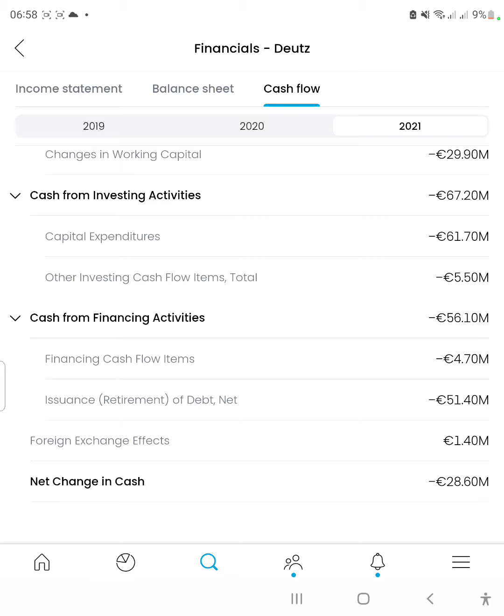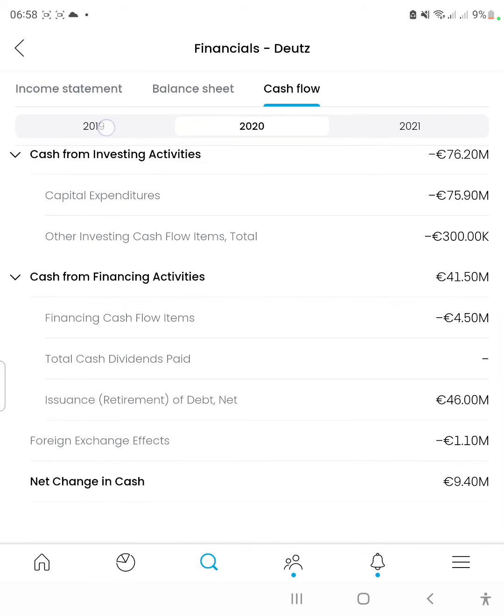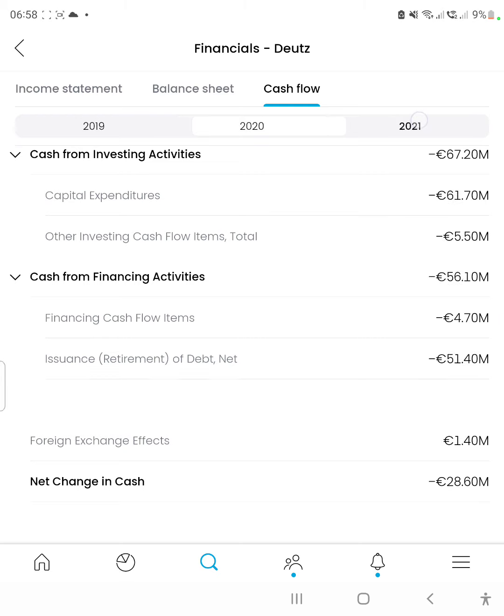The net change in cash was negative 28.6 million euros, and in 2020 the net change in cash was 9.4 million euros, and in 2019 the net change in cash was negative 77.5 million euros. So there's quite a large disparity between the net change in cash of 2019, 2020 and 2021, but overall I believe the company did quite well with regards to cash flow in the 2020 financial year.